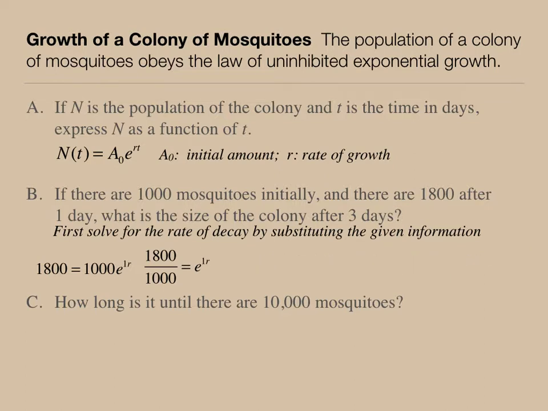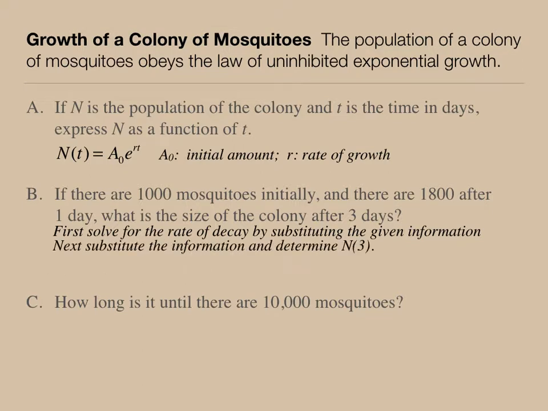Now that we have 0.588 as the rate, we're going to substitute that and determine N of 3. So remember, we're substituting t for 3 and r for really the exact value, remember, was the natural log of 1.8.